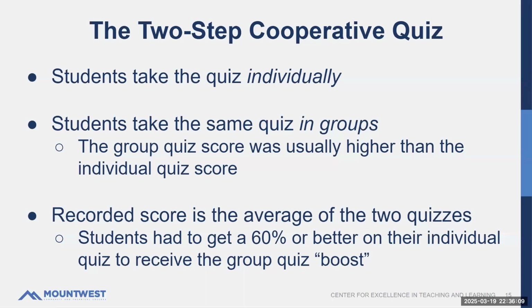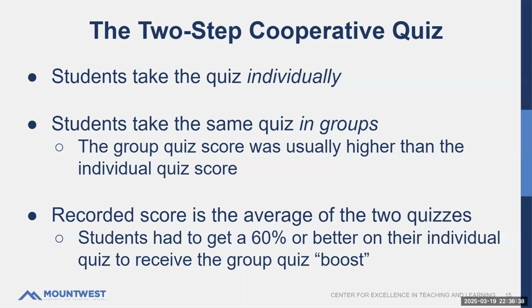So generally, students would take the quiz individually, and then take the same quiz in groups. Generally, the group averages were higher. So if I took the average of those scores, students got a higher grade on their quiz than they would have if they just took it individually. But the caveat that students have to get a 60% or better on their individual quiz helped hold them accountable for actually studying prior to the quiz.